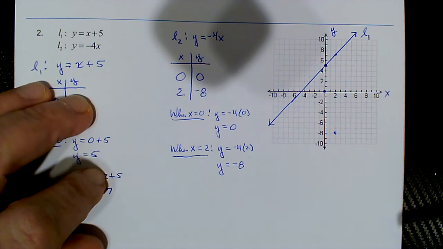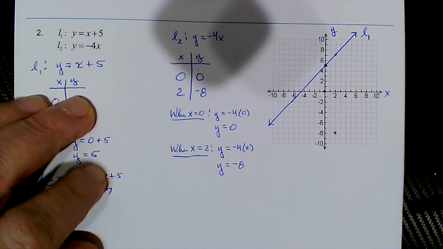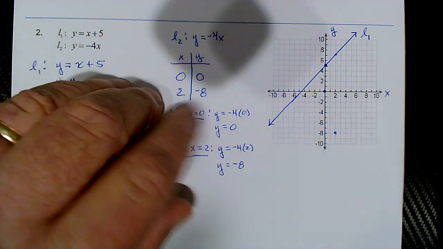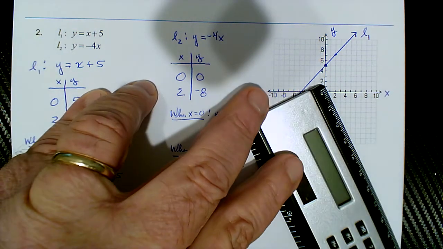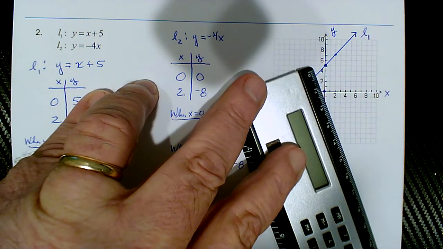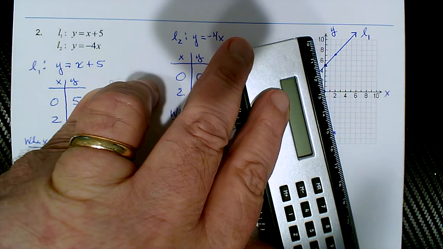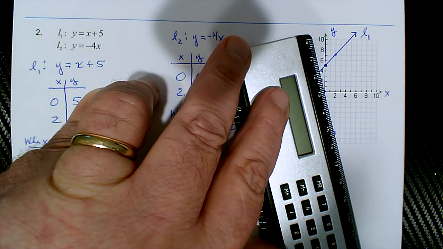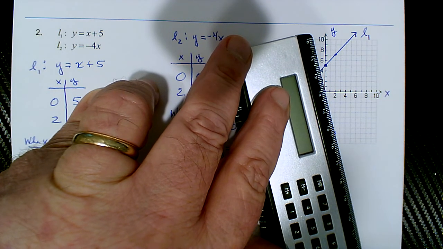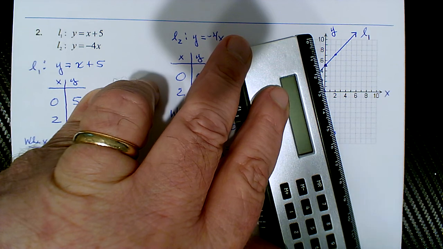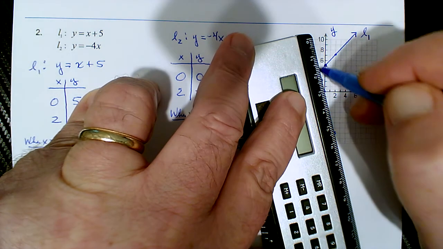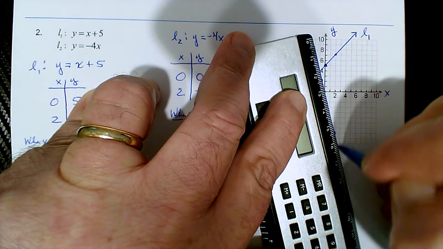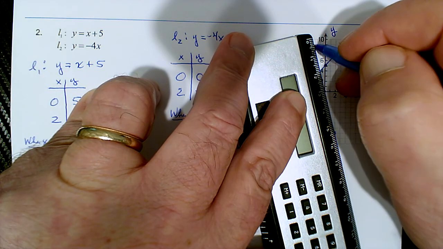Okay, now I have to be a little bit careful. When we graph these, you can get the ordered pair, which is the point of intersection.